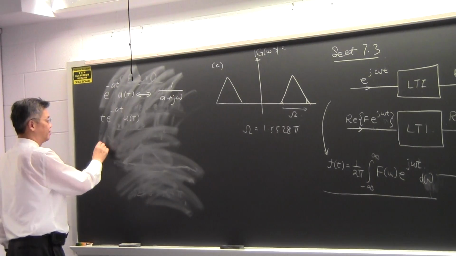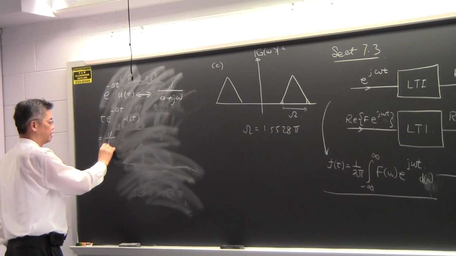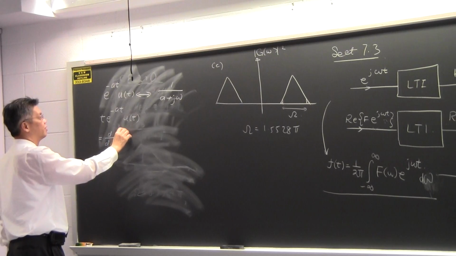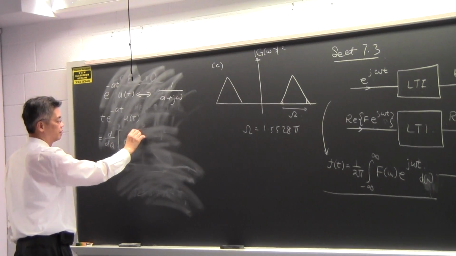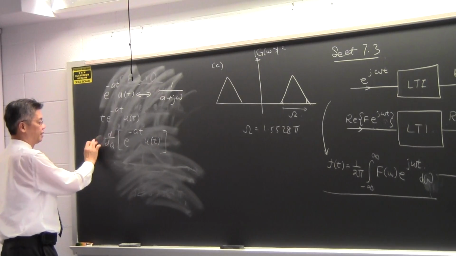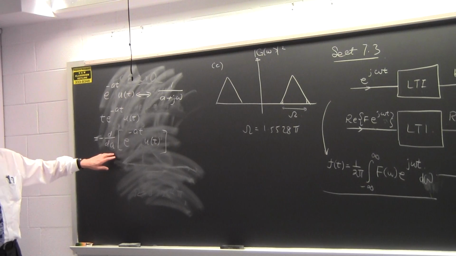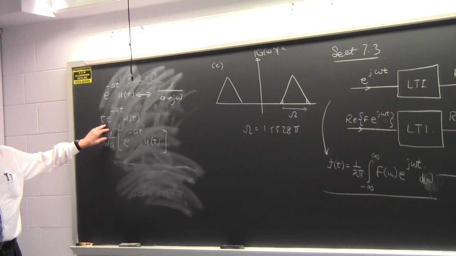You notice that this thing here is just d/da, differentiating this function with respect to a and putting a minus sign in front. If I differentiate this function with respect to a, I get that function.